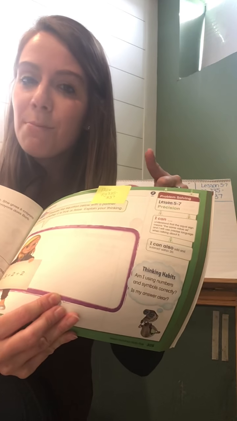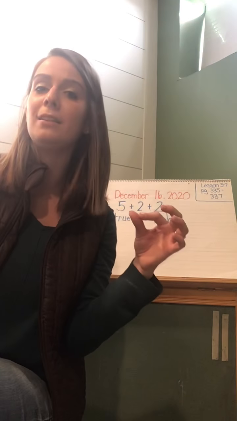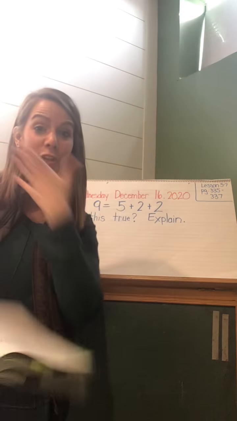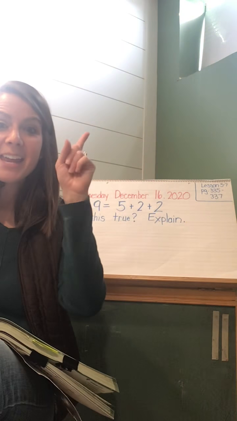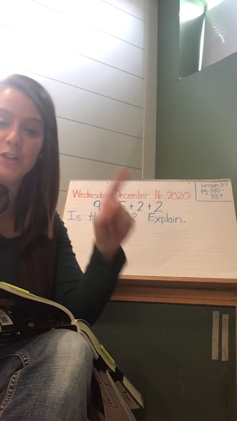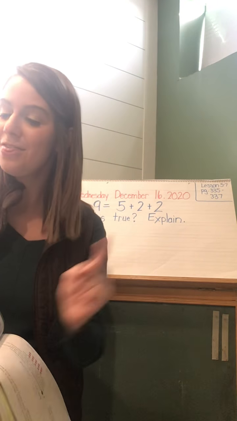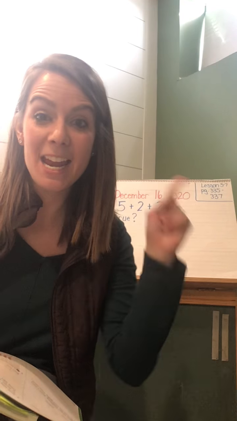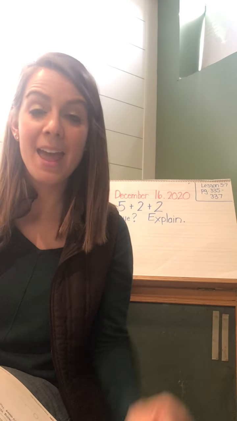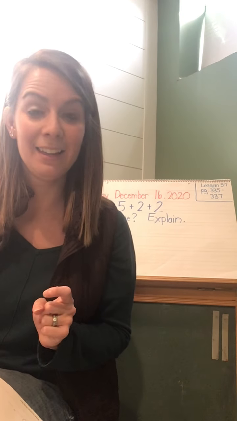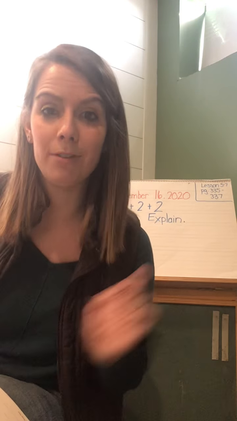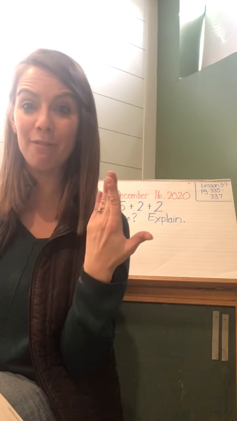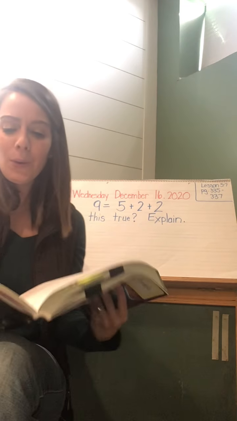We're going to do the same thing that it says, but we're just going to shrink it down. Okay, mirrors on. I can understand the equal sign means the same as. And I can talk about it. Mirrors off. Good job.